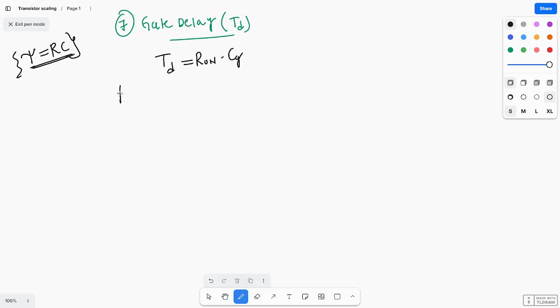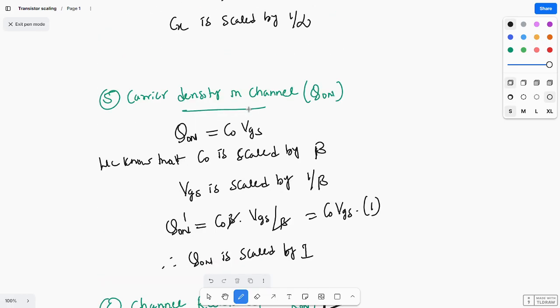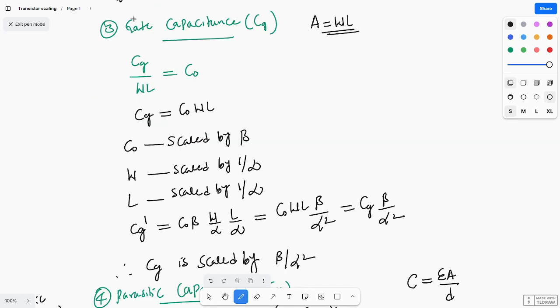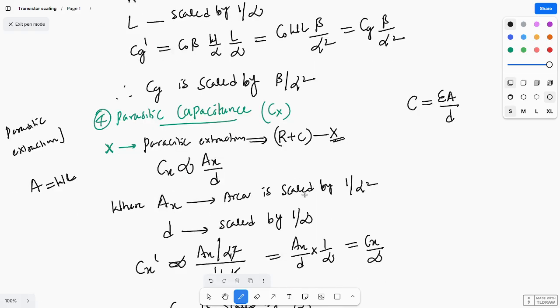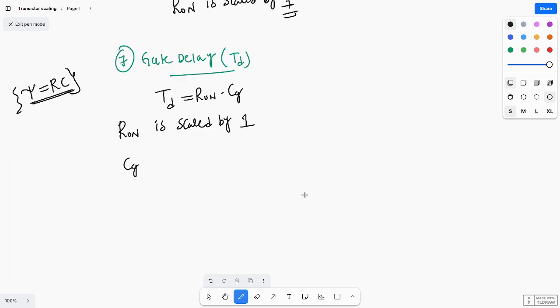So you know that R on is scaled by 1, and CG. What is CG? Previously we already saw, CG is nothing but gate capacitance. So CG is scaled by what? Beta by alpha square, no? CG is scaled by beta by alpha square.